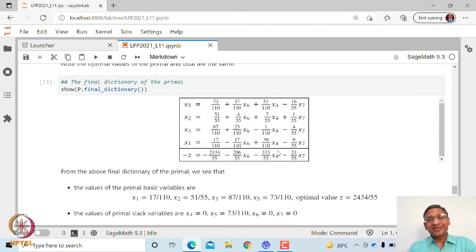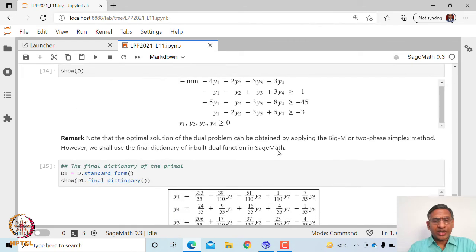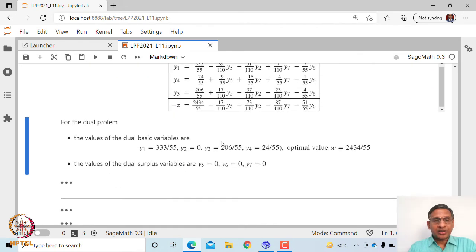Now the corresponding main variable in the dual is y2, and the y2 value is 0. So you see the relationship between the main variables of the primal and the surplus variables of the dual, and vice versa.